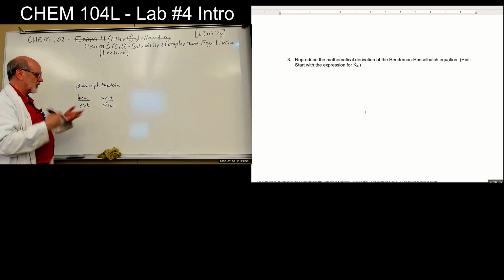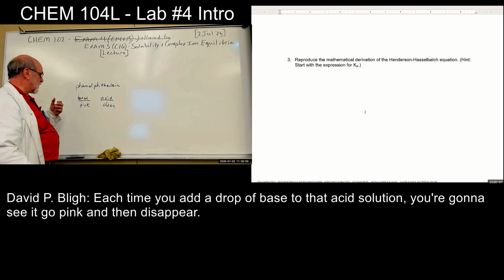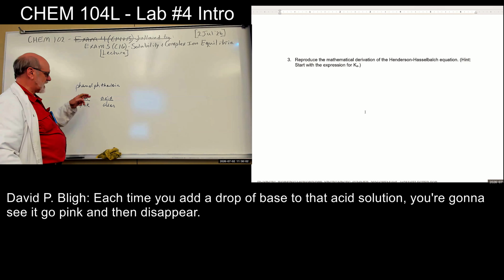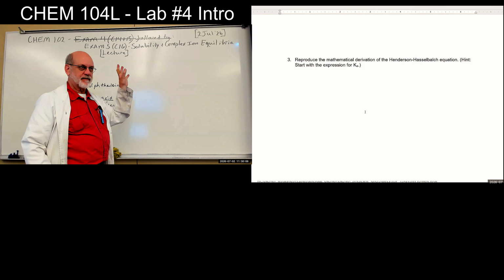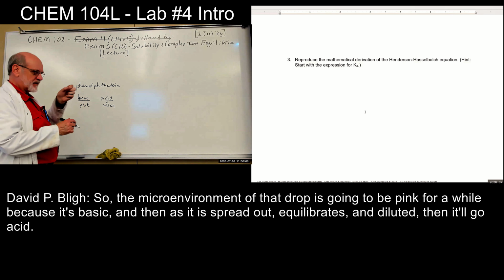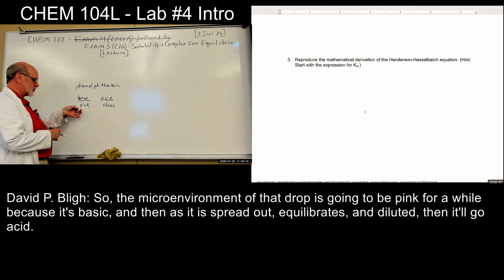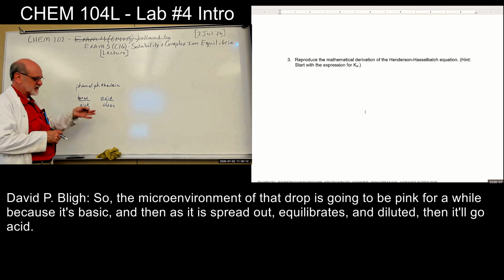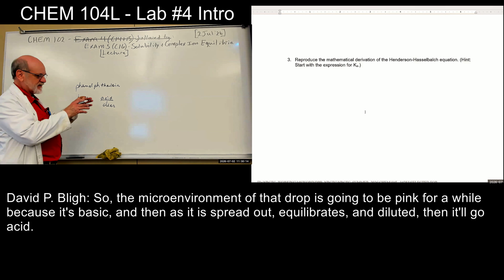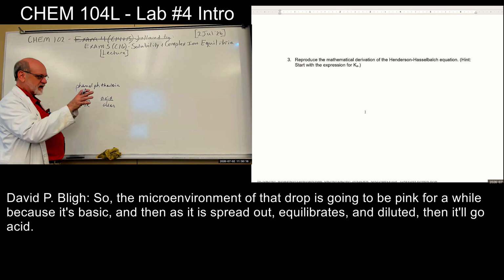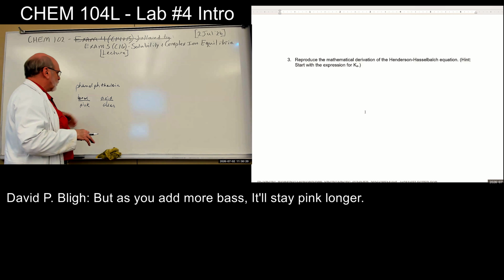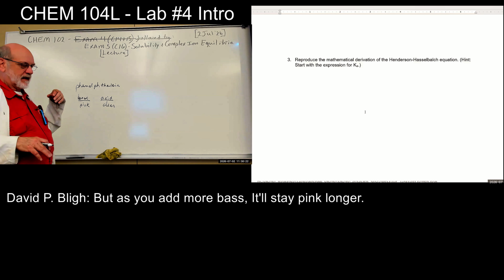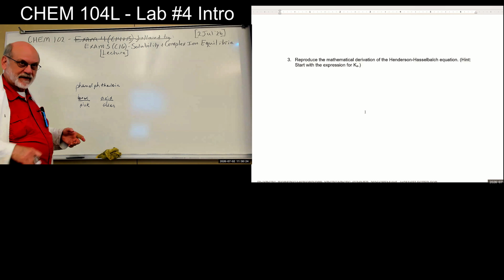It's continuously stirring. Each time you add a drop of base to that acid solution, you're going to see it go pink and then disappear. So the microenvironment of that drop is going to be pink for a while because it's basic, and then as it is spread out, equilibrates and diluted, then it'll go acid. But as you add more base, it'll stay pink longer.